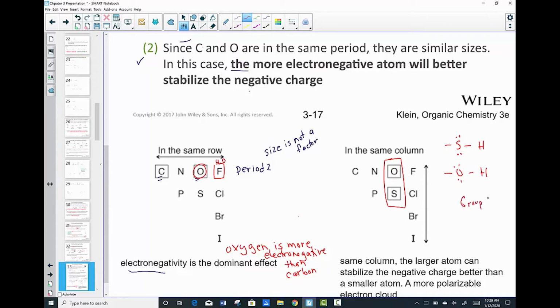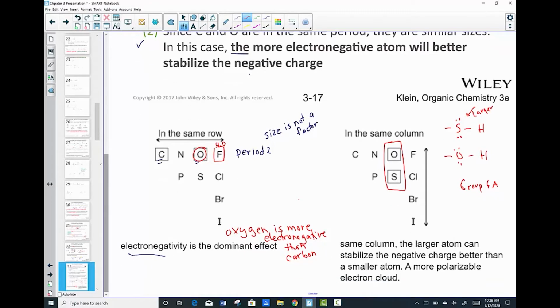These guys both live in group 6A on the periodic table. We want to pick the larger atom. It has a more polarizable, think of it as a squishier cloud, a larger electron cloud. This is n equals 3 in period 3 for sulfur, n equals 2, only 2 electron shells in the oxygen atom.